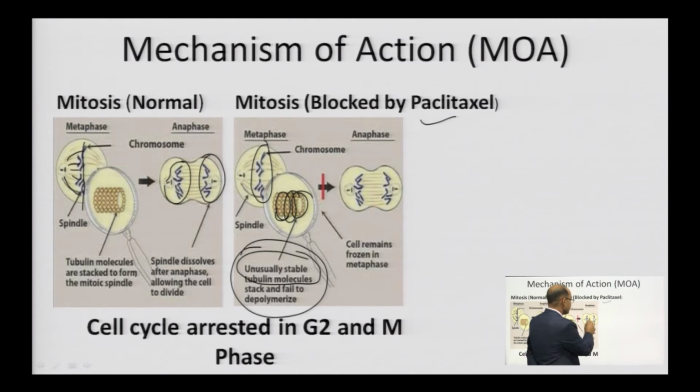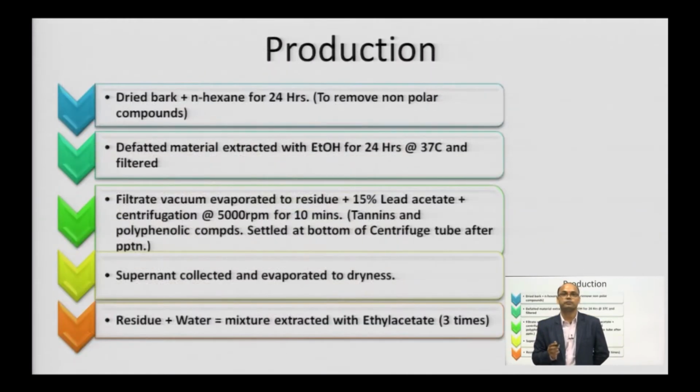In this way the transition from metaphase to anaphase is blocked, so cell mitosis is blocked and your cell remains in a frozen state in the metaphase. The cell cycle is arrested in G2 and metaphase of the mitosis. So this is the mechanism of action by which the anti-cancer drug paclitaxel works in your body.